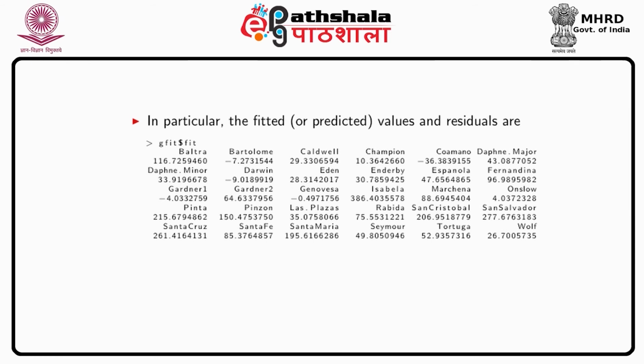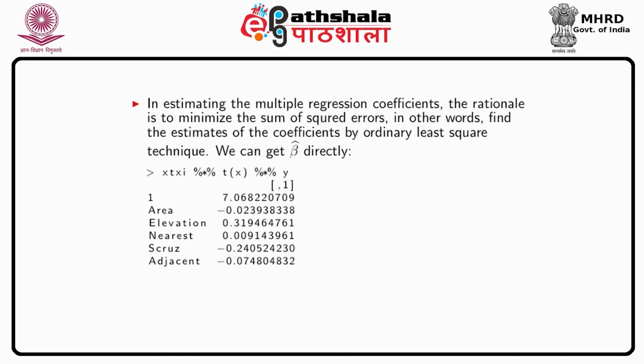So for each of the different species, we have the corresponding fitted values of the dependent variable, which is the number of species, and we also have the residual, which is the difference between the observed value of species and the fitted value from the regression model. In estimating the multiple regression coefficients, the rationale is to minimize the sum of squared errors. In other words, we find the estimates of the coefficients by means of ordinary least squares.